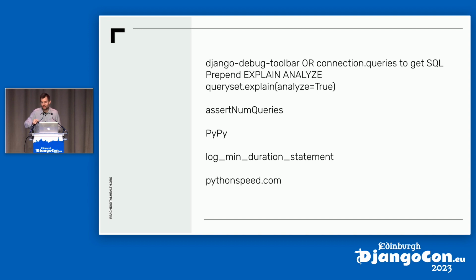If you put an EXPLAIN ANALYZE in front of that and send that to your Postgres database, it will tell you exactly what the query planner is doing, what parts of the query are taking long. That really helps you to find out which fields might need indexes, or how you can change your queries to improve them.